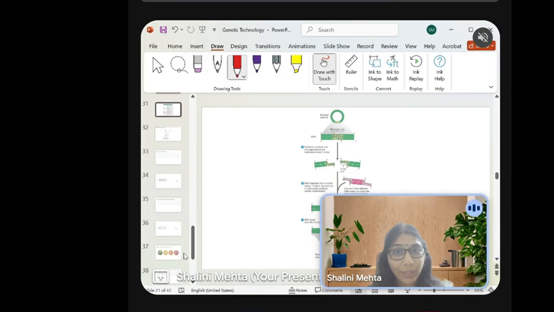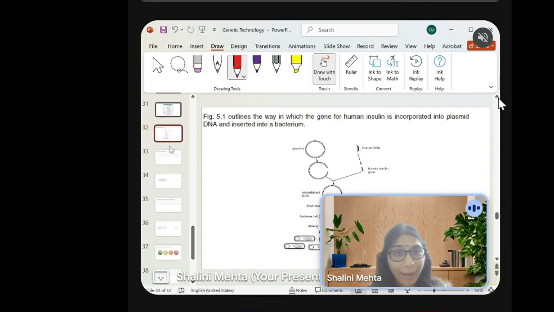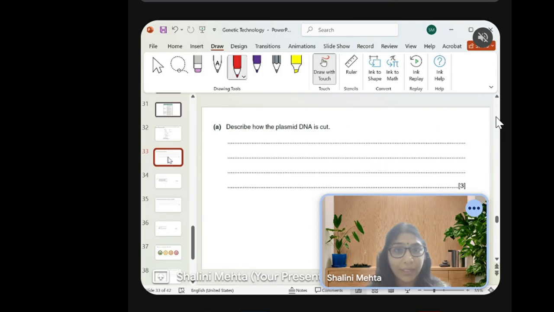Any doubts anyone has? No doubts, everything is fine. So if I'm asked to outline the ways in which the gene for human insulin is incorporated into the plasmid DNA and inserted into a bacterium, and it asks me to describe how the plasmid DNA is cut, it's a 3-marker, remember. The command word here is describe.